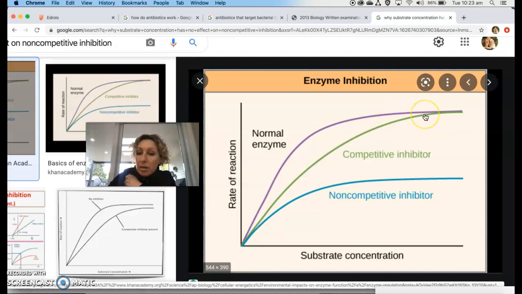So we can see that as we increase the substrate here, we're actually able to overcome the effect of a competitive inhibitor. However, if we increase the substrate concentration and the inhibitor is non-competitive, then we aren't racing for the active site. So you can't overcome the effects of the inhibitor because the inhibitor is still able to bind, and substrate binding will not stop that effect. So that's the experiment that you need to design.